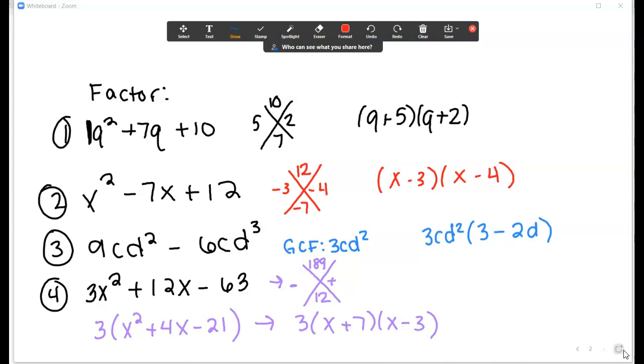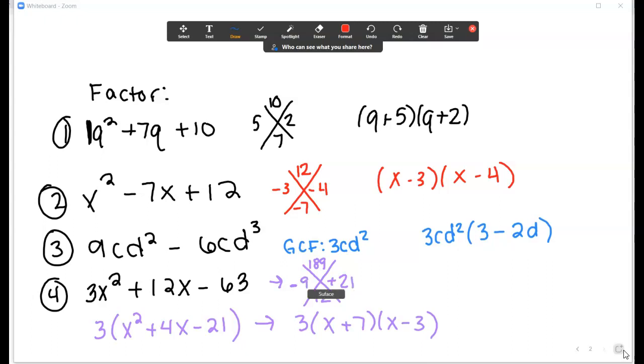So in this case, your negative and positive would have been two numbers that multiply to 189 and add to 12. So positive 21, negative 9.